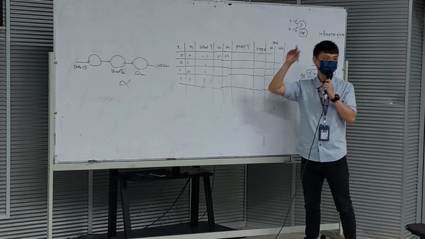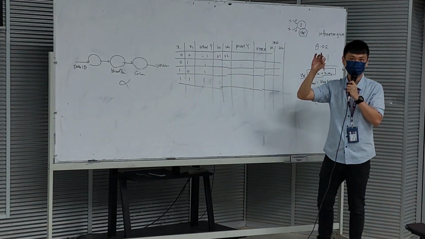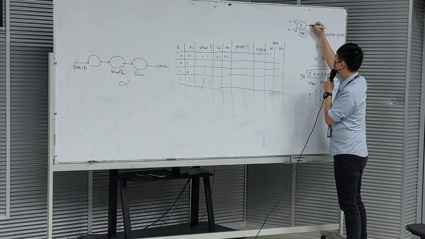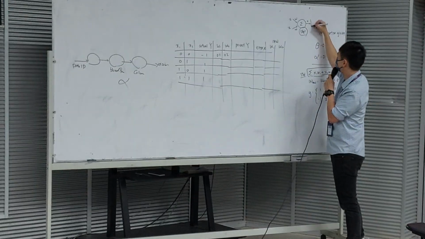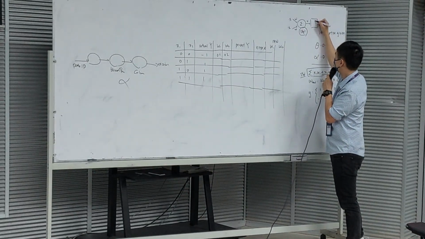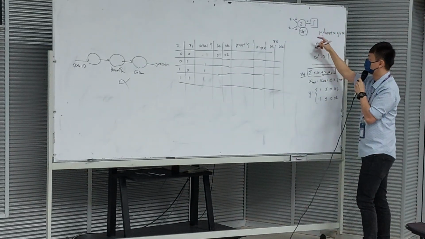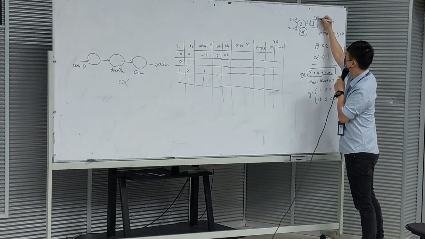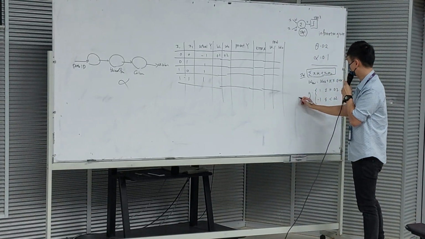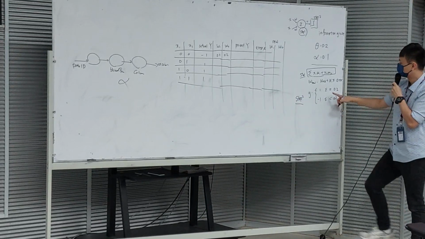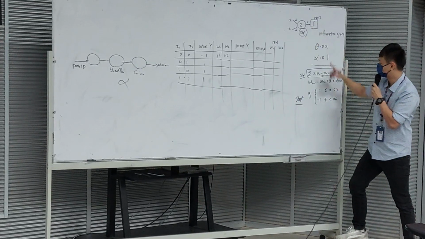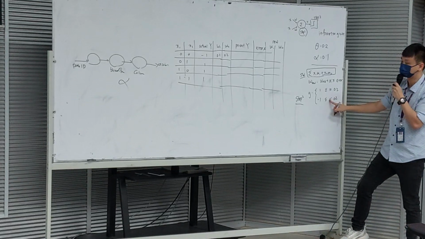You will get 0 here. This is not your output. You have to compare with your activation function. So this is step 2. Is your value here, which is the summation, more than or less than 0.2?